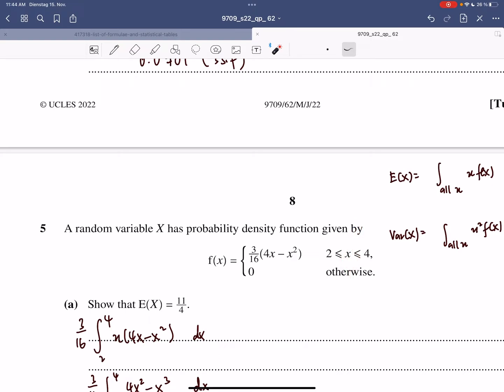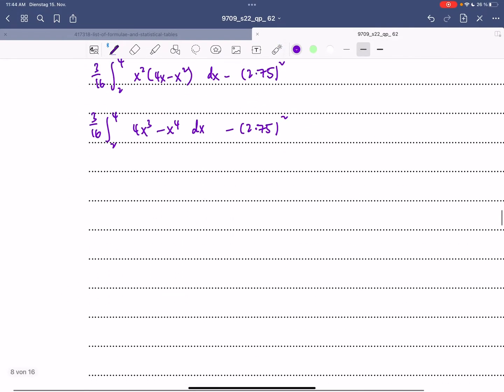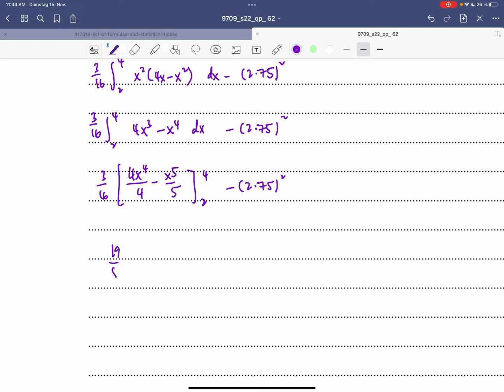And our function is also f of x. So let's integrate it. Of course you can simplify if you want. So press into the calculator and then you will get 19 over 18. If you write it in 3 significant figures as well, but fractions are much safer because you may use it in the next question.